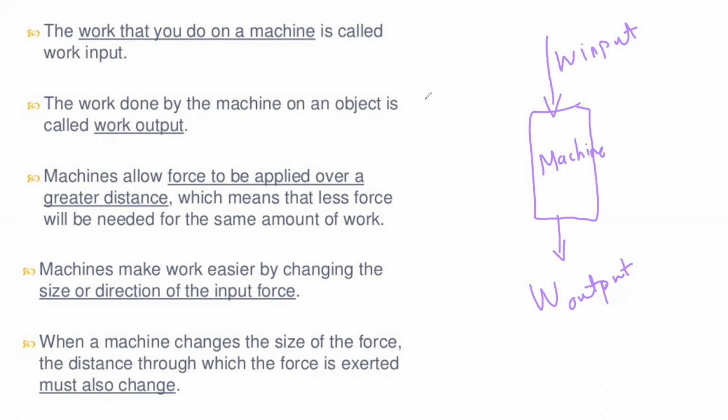It could be 18 or 19, according to the friction in the machine. The efficiency is the work output over the work input, and it is in percent. When you say the efficiency of this machine is 70%, that means if you put 100 joules into the machine, 70 joules will be the output.